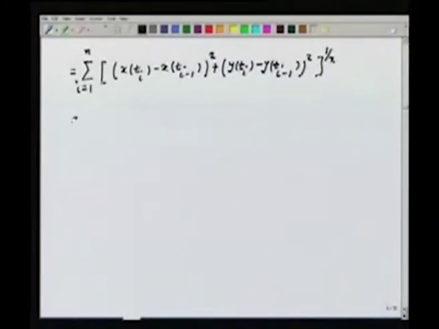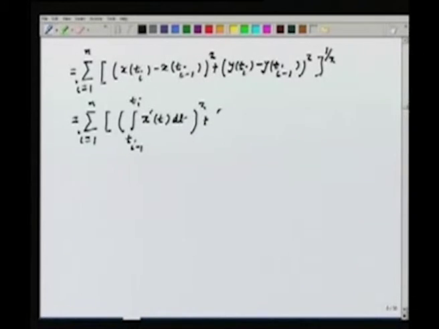So this I will write as summation i from 1 to n, integral t_{i-1} to t_i x prime t dt, squared, plus integral t_{i-1} to t_i y prime t dt, squared, whole to the power half.